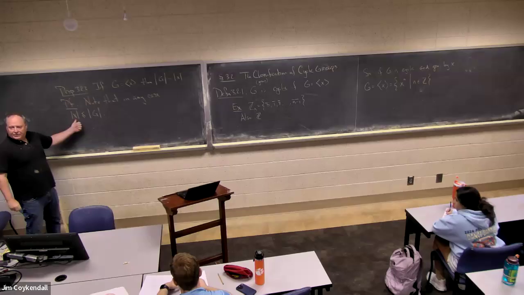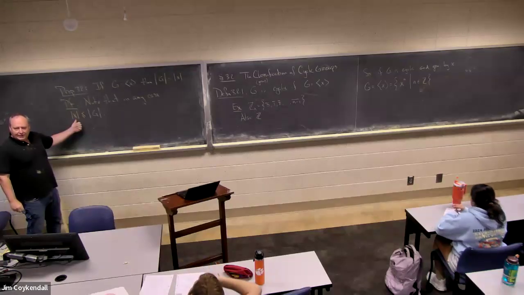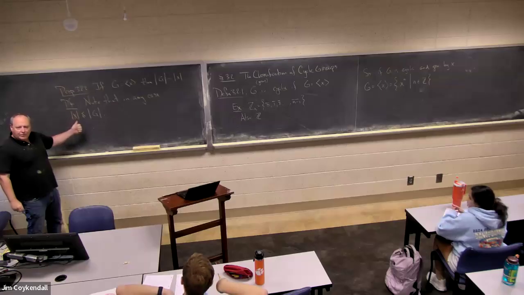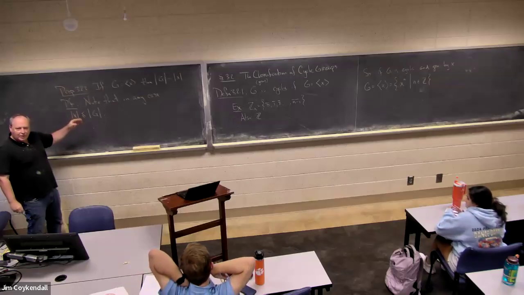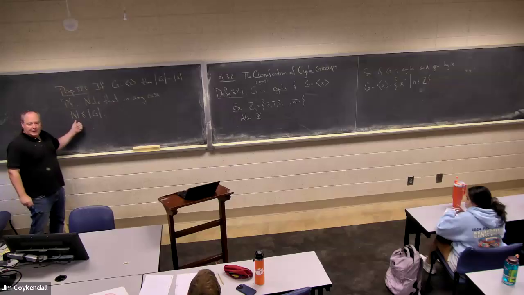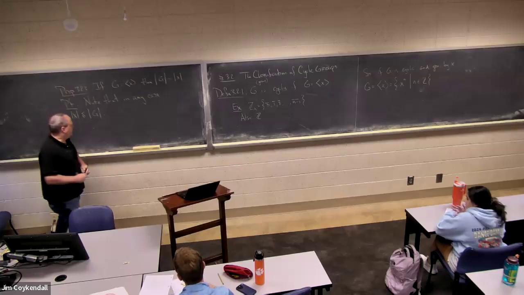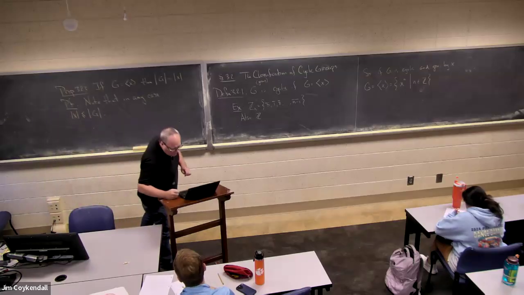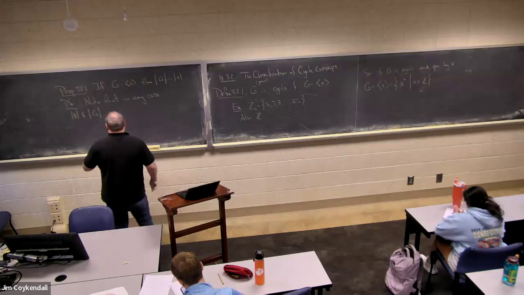Because what's the order of X? It is the smallest positive power that's the identity, right? So when you go through those powers, the identity, X, X squared, whatever, every one of those elements has to be a distinct element of G, okay? So no surprises there. And of course, the group generated by X is a subgroup.